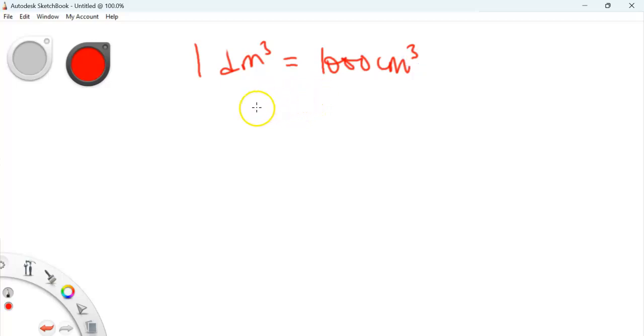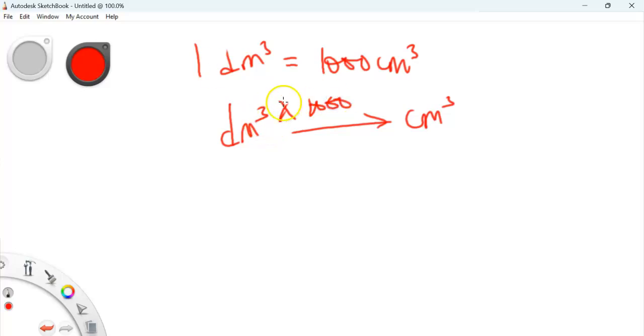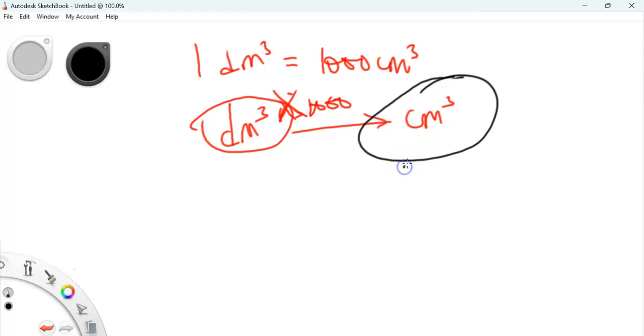Do you understand it now? When you want to convert something that is in dm cube to cm cube, you multiply by 1000, that is by 10 raised to power 3. But when something is already in cm cube and you want to convert it to dm cube, you do the backward process.